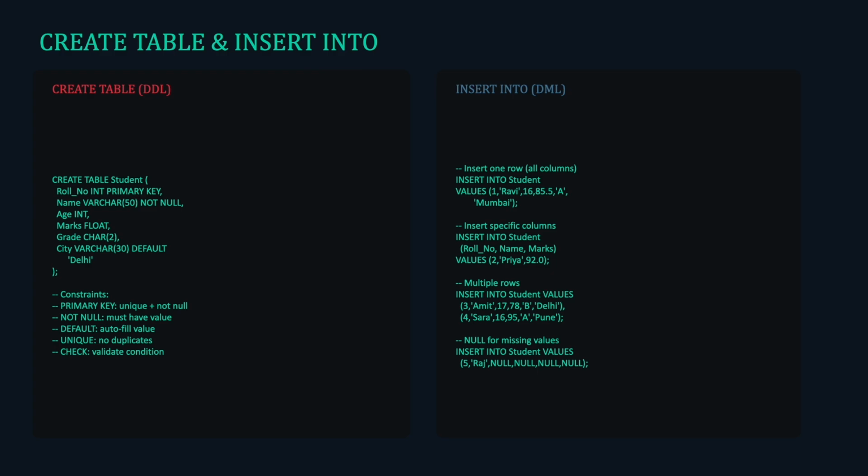Each column needs a name and data type. Constraints include primary key for unique identification, not null, meaning the field must have a value, default for automatic values, unique for no duplicates, and check for validation.